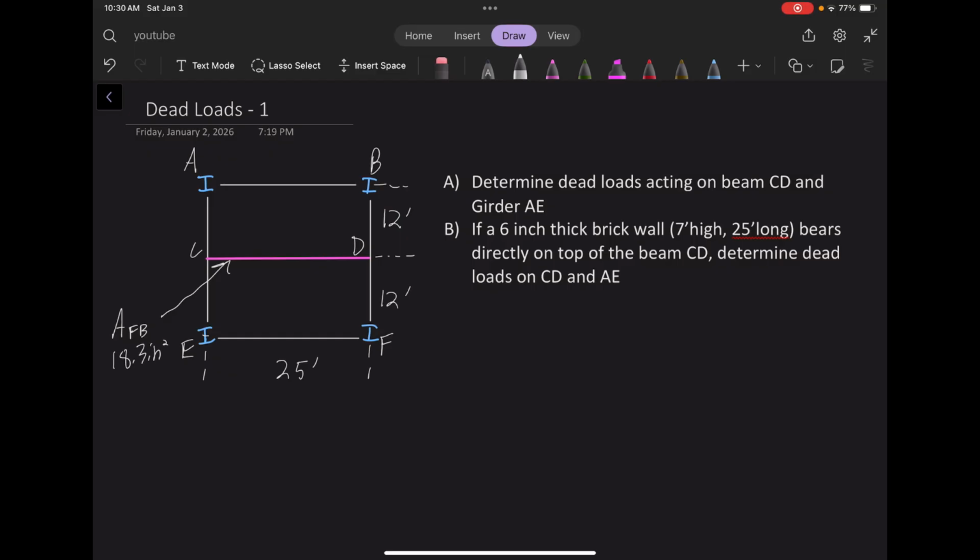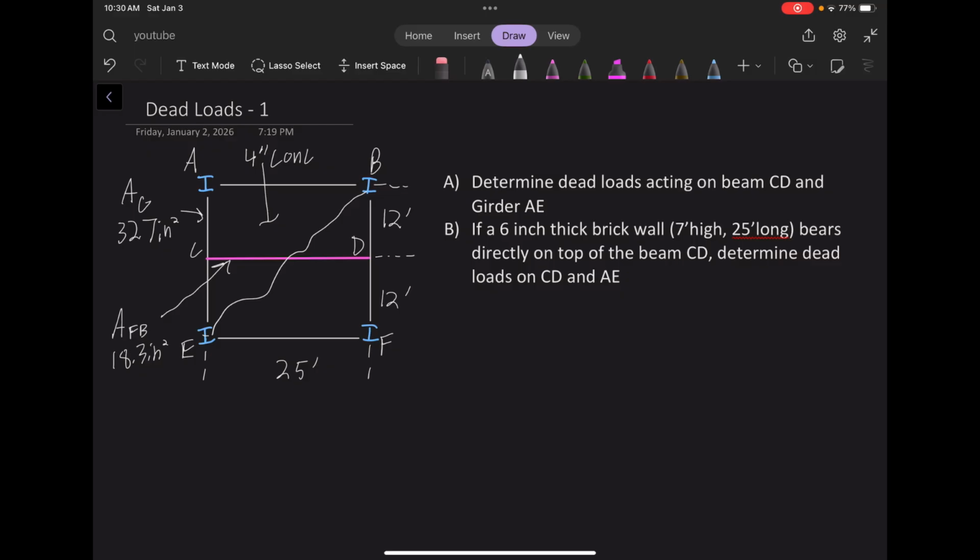And we also know that the area of the girders, I'm going to call this AG, this area is 32.7 inches squared. And we also know that this is 4 inches thick concrete on top of this floor.